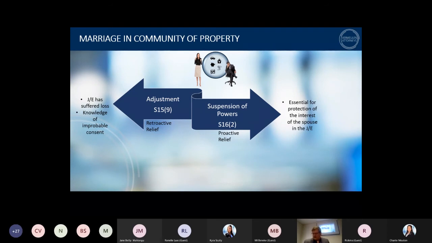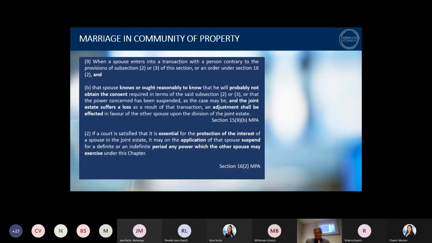Then we get proactive relief, suspension of powers. Now, what happens in a suspension of powers is the following. This I'm going to read from there where I'm scribbling with my pen.